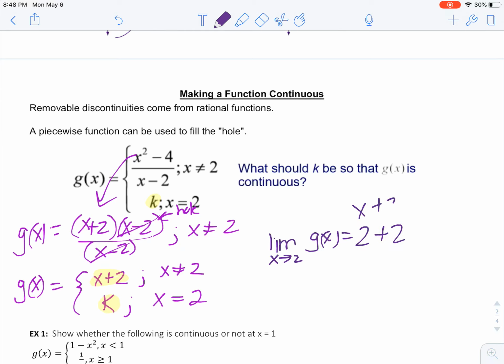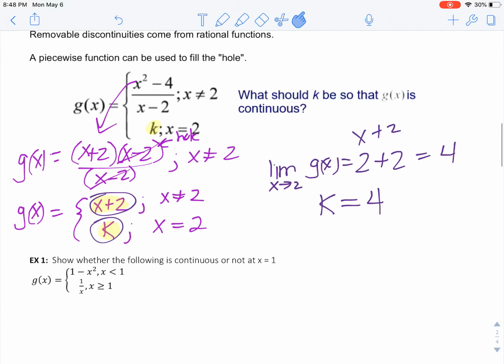Remember, it was x plus 2. So that equals 4. So that y value of 4 is where it's going to approach, but it had that hole there. So you're going to set k equal to 4. So essentially we're setting x plus 2 equal to k.